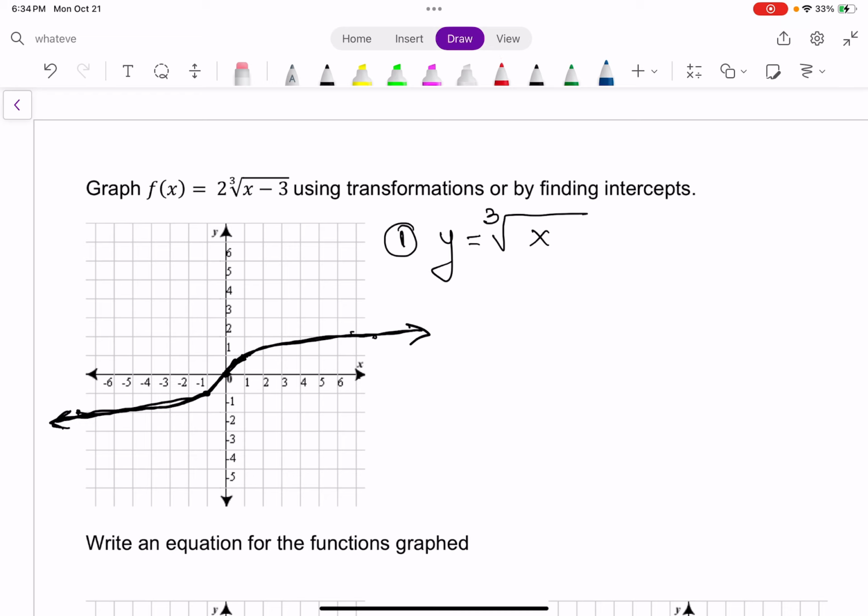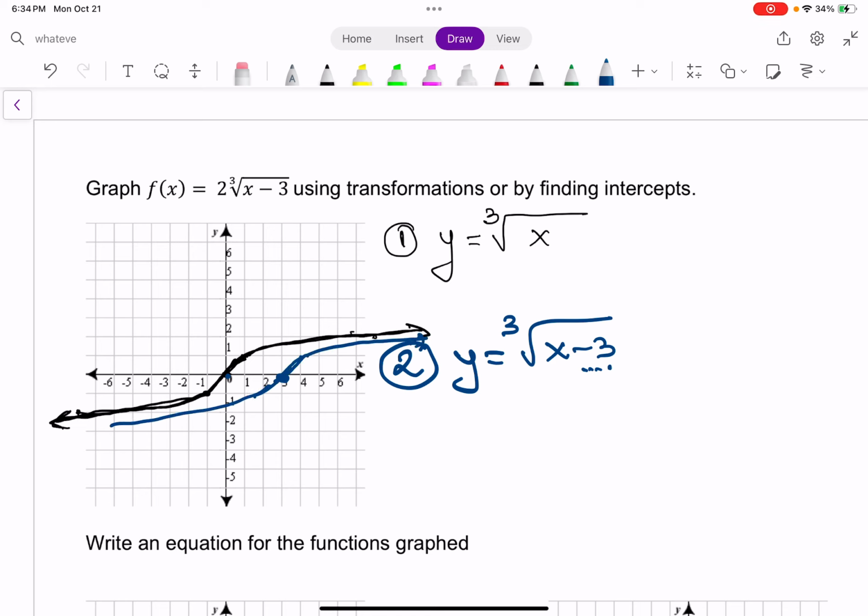Okay, what will be the next transformation? It says to move this graph 3 units to the right, right? So x minus 3 means shift the graph 3 units right. Okay.